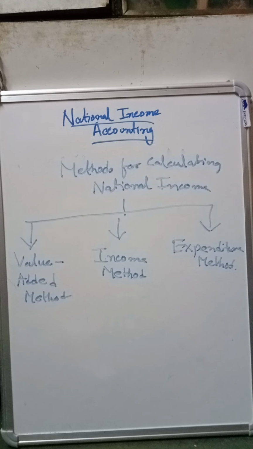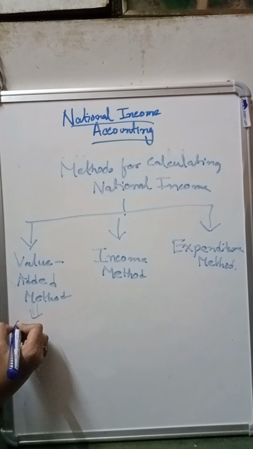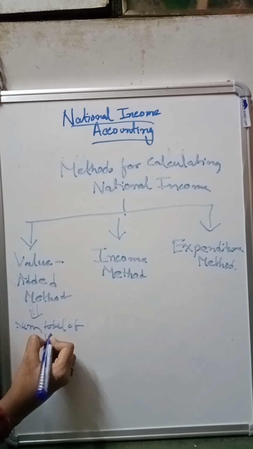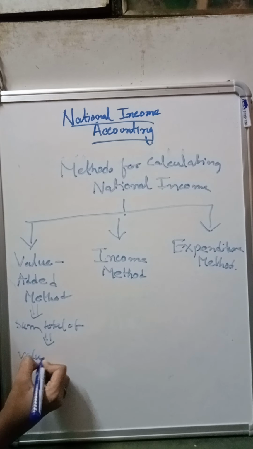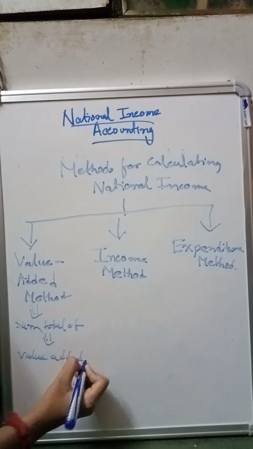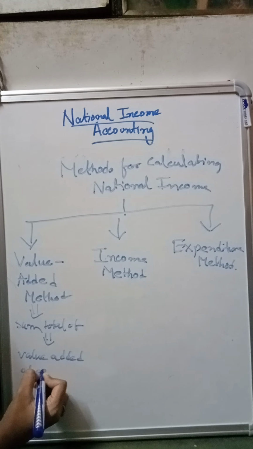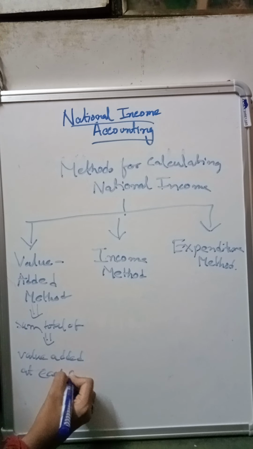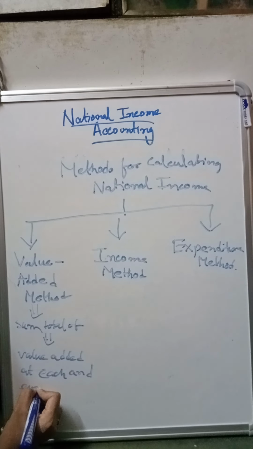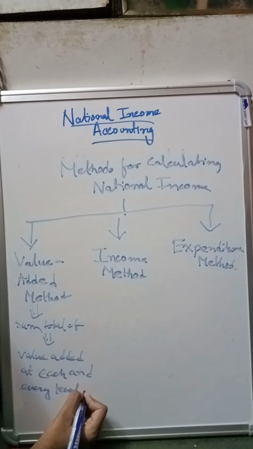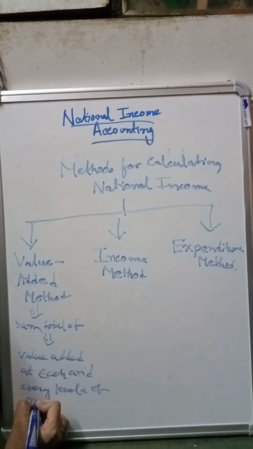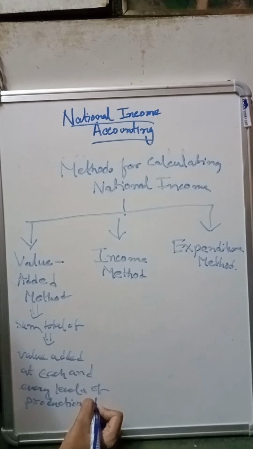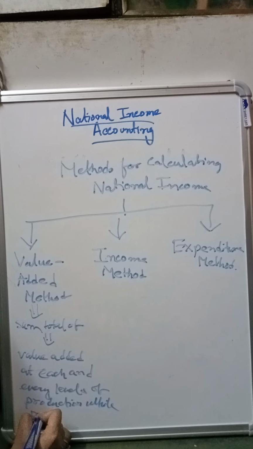Okay, so the value added method is nothing but the sum total of the value added at each and every level of production while producing a good.